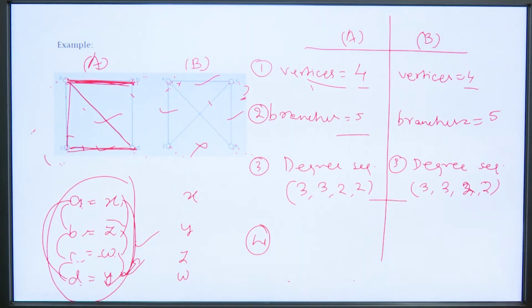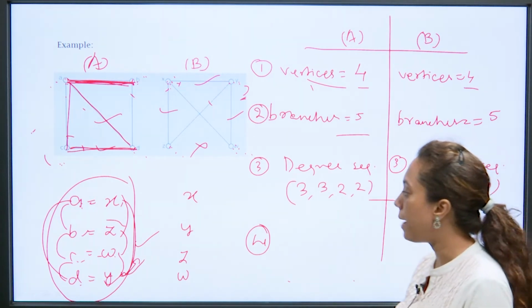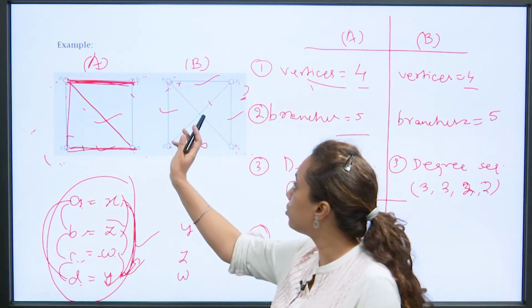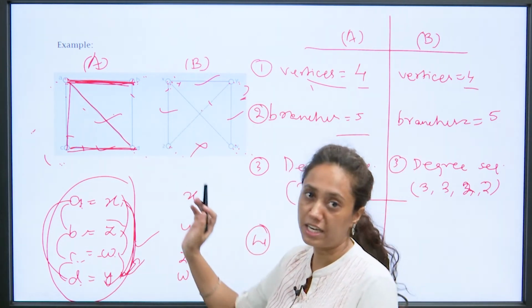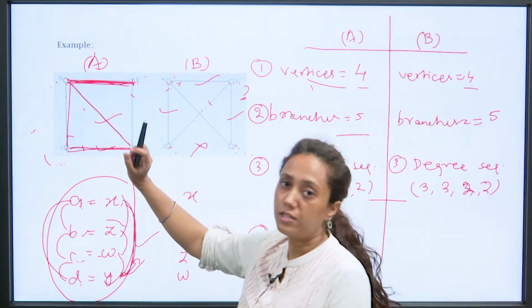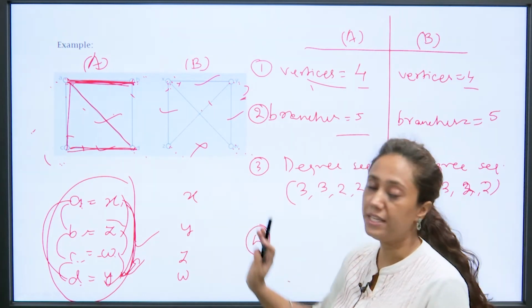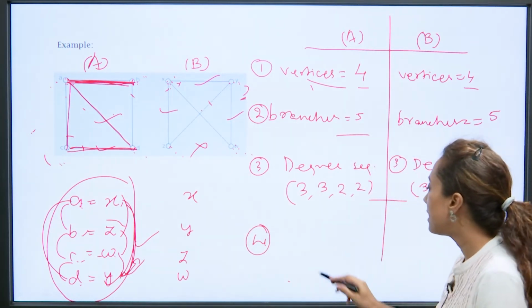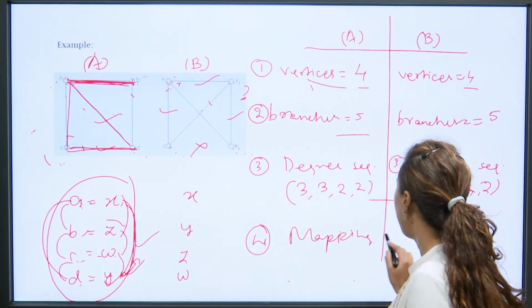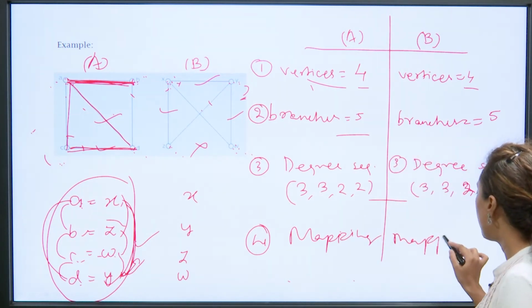Third, the degree sequence is also the same, and while mapping, all the nodes of the A graph and the B graph are mapped, and the number of branches between two nodes is also the same. So, we can say that it has mapped completely.